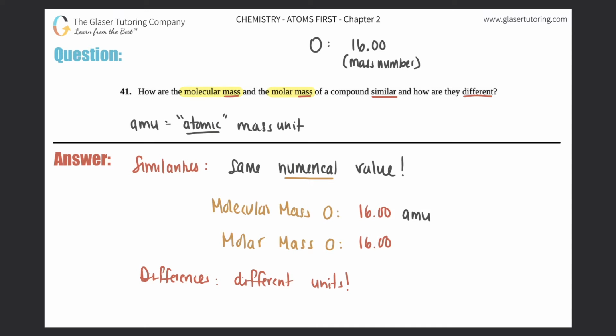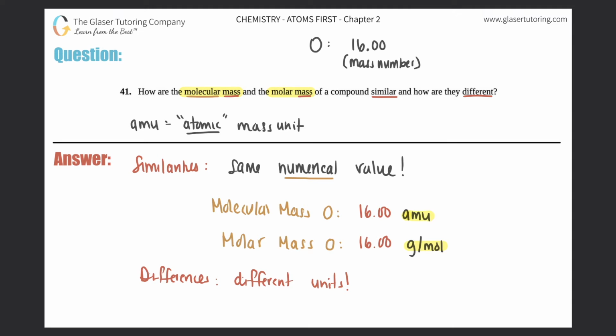Meanwhile, the molar mass is in grams per mole. So we can see a molar mass with our eyes because we could just put it on the scale and see the weight of it, the mass of it. So the difference is that there are different units. Molecular mass is atomic mass unit, while molar mass is grams per mole, because that comes from the different wording.